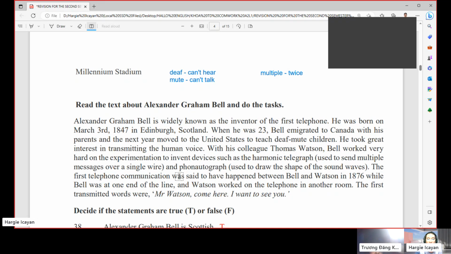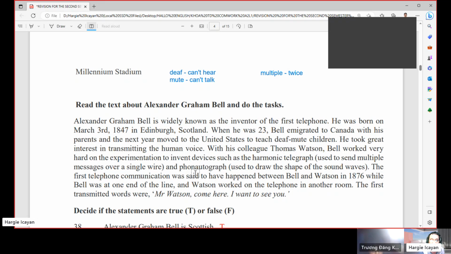Now, who was his colleague who also worked on his invention? Thomas Watson.